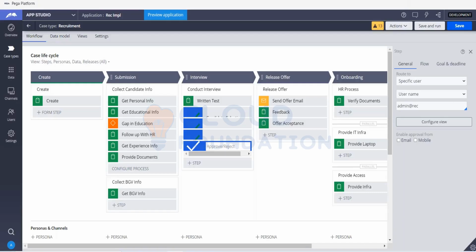Sorry, I didn't get that. Instead of at the steps, you put it at a process level, you put it on the case level. Approvals.